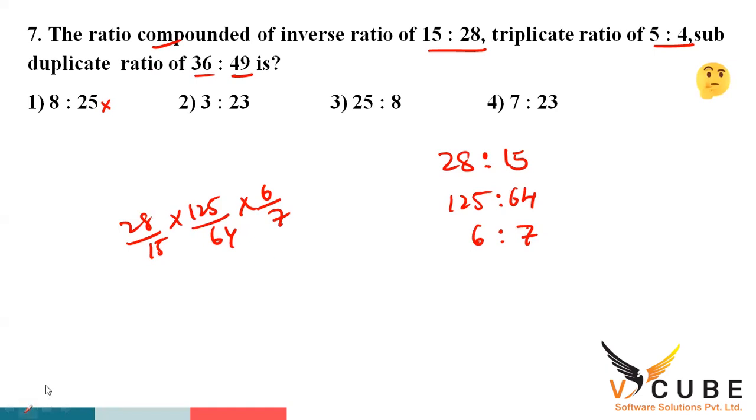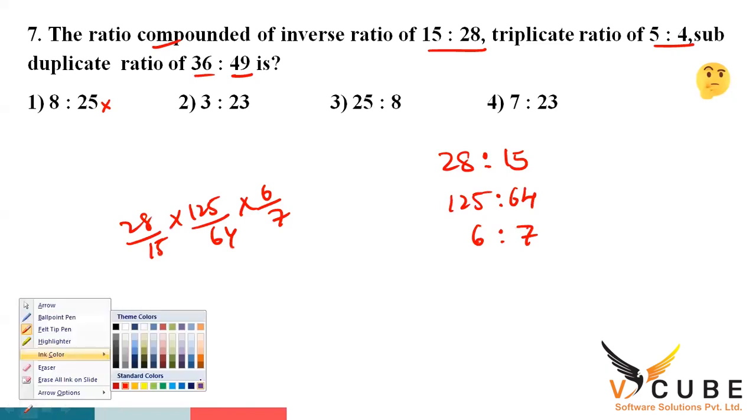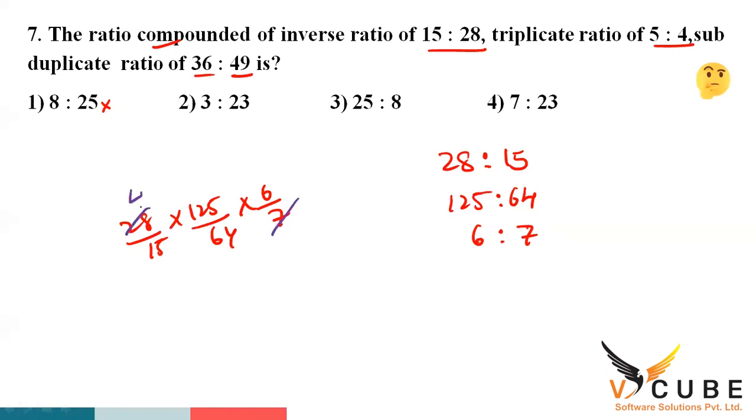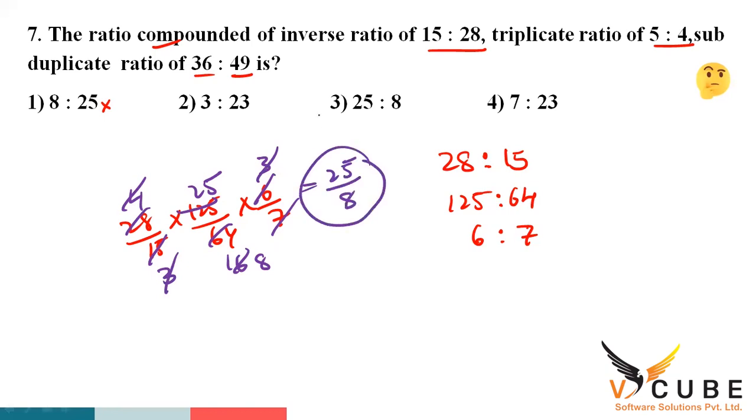Let me calculate fast here. 7 1s are 7, 7 4s are 28, and 4 1s are 4, 4 16s are 64. Any cancellation? 5 3s are, and 5 2s are, 5 5s are 25. Next 2 3s are and 2 8s are, so 3 cancels. Any cancellation here? No. 25 by 8.